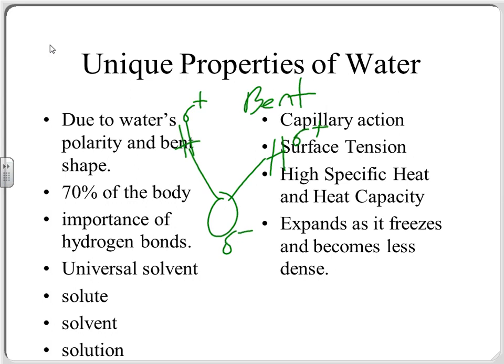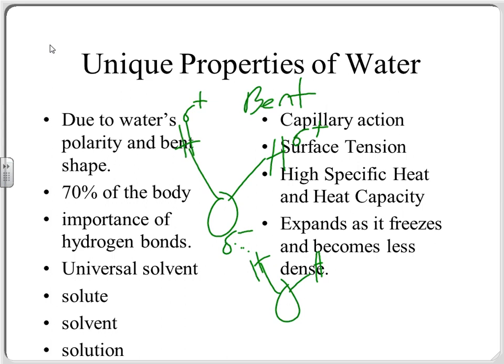Because of this, if two water molecules get near each other, what's going to happen? Two waters get near each other, they're going to stick together, right? Because this negative is going to attract what? It's going to attract the positive part of the other water. And this little bond that I'm showing right here is what kind of bond? A bond between polar molecules is a hydrogen bond.